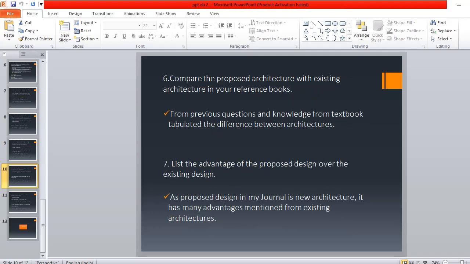Coming to the sixth question, given that to compare the proposed architecture with existing architecture in your reference books. For this, I used the textbook given to us for COA modules and also some other online sites for tabulating the differences between existing architectures like Power 1 and Power 2 with my floating point unit architecture.